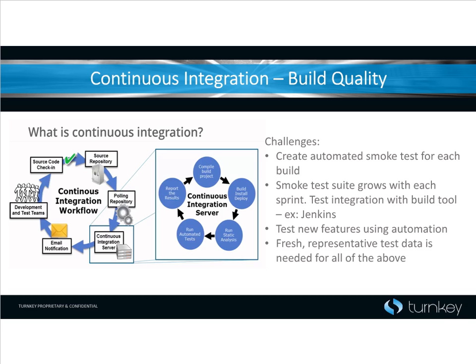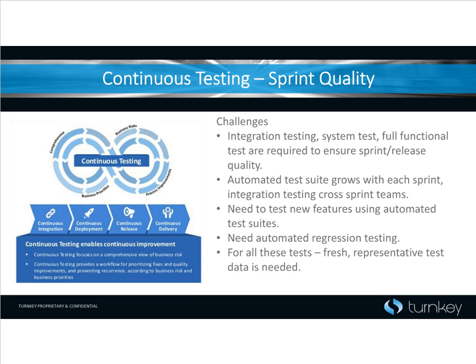And of course, one of the distinct requirements is to have fresh, secure, representative test data on demand for all the above. To achieve that speed, it has to be on demand. It has to be secure so that it doesn't risk any confidential customer-related information, et cetera, and be representative for that stage of the build. So that's the build phase of the equation.